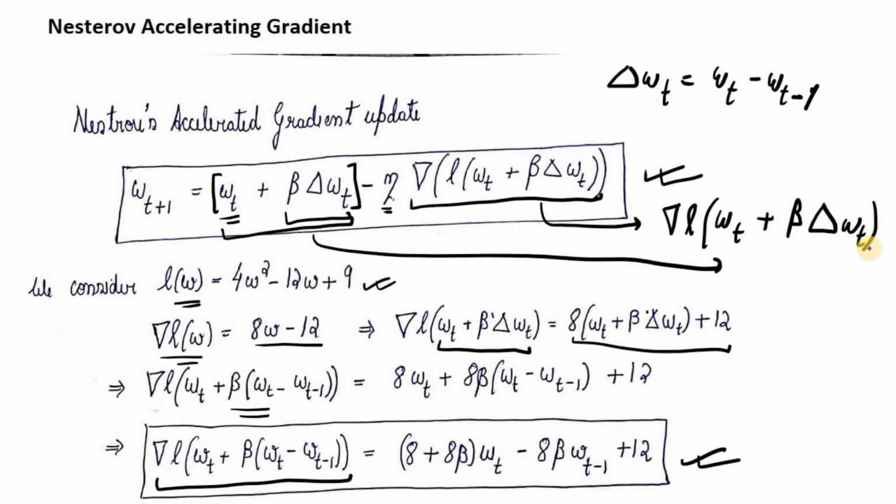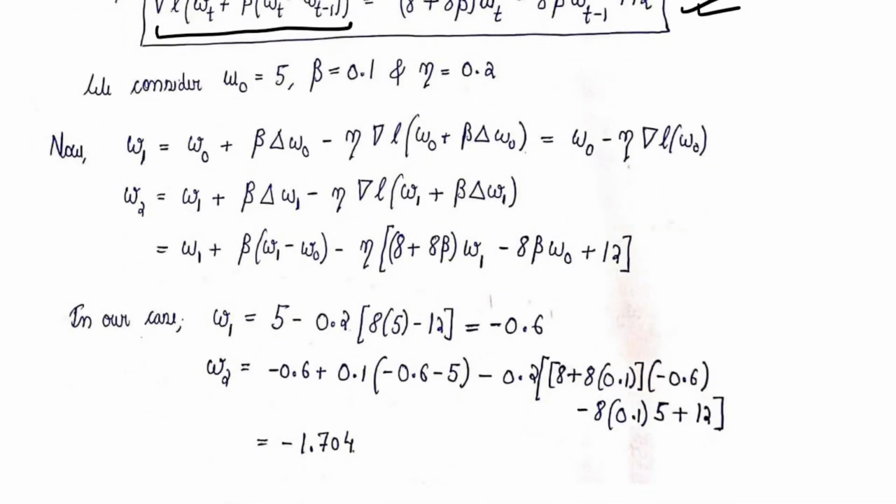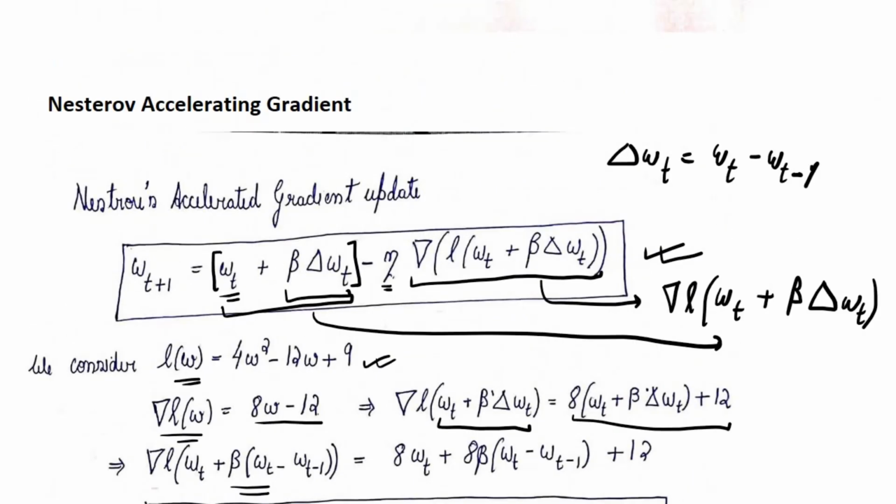Now since we have got the updation rule, and the big calculation in the updation rule is done, we proceed further with the same set of assumptions as we did previously to calculate the successive weights. We start with W0, with t equal to 0.